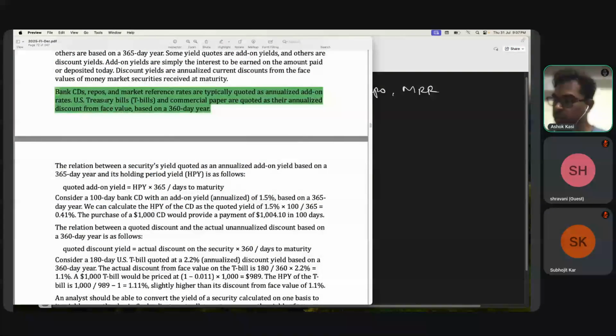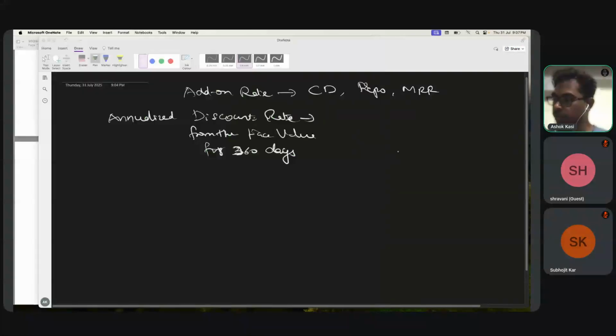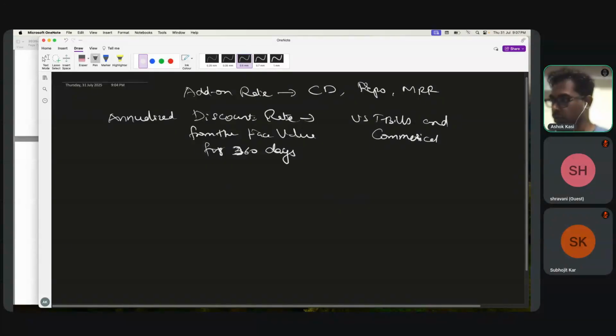Discount rate: US Treasury bills and commercial paper.